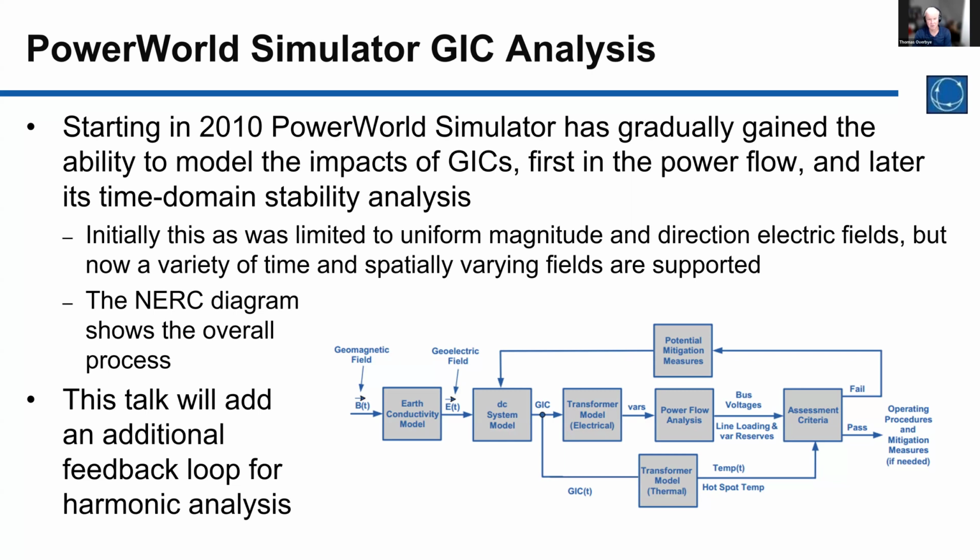EPRI's got a nice tool associated with that, and they also have a nice tool associated with what we call the B to E conversion. What we're going to talk about today is in addition to this tool; it sort of falls into the assessment criteria, to look and say, okay, if the GICs cause harmonics, are those harmonics going to trip devices? And if they trip devices, then we need to take that into account and redo our GIC analysis, including potential outages from the harmonics.